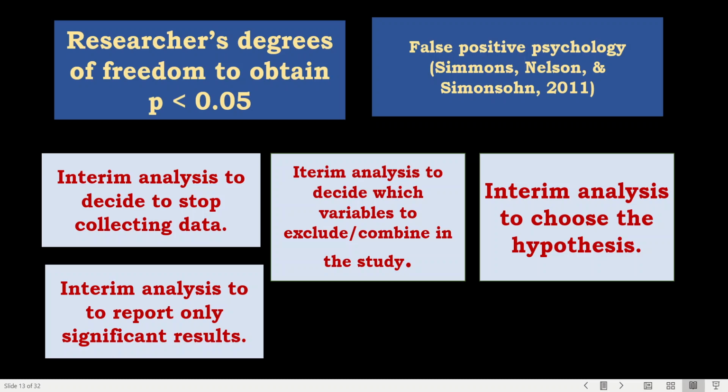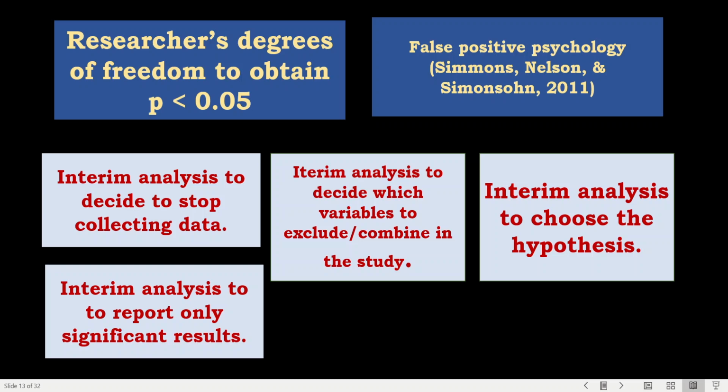Another case is, again, interim analysis to decide which variables to exclude or combine in the study. This typically occurs in survey studies. You ask participants to fill in a survey, and surveys typically have a lot of variables. Some of those variables are items within an inventory, and they may group together very nicely.